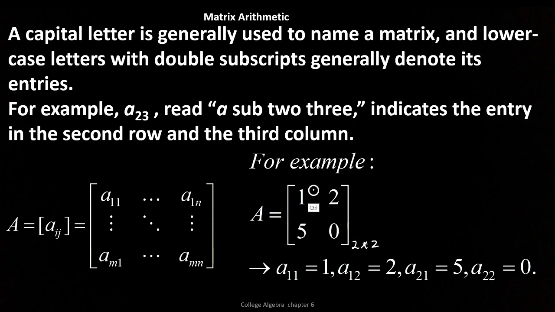So in this case, this 1 here is a11, the entry in row 1 and column 1. This 0 is a22, row 2, column 2. Number 5 here is row 2, column 1. So we call it a sub 2,1. That's 5. Okay? And so forth.